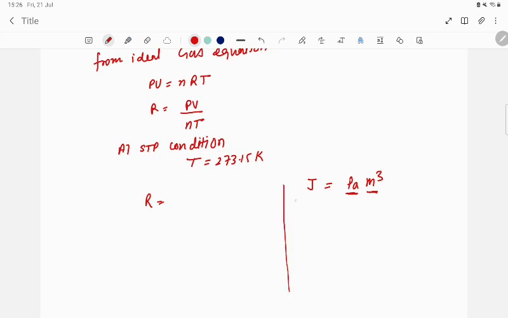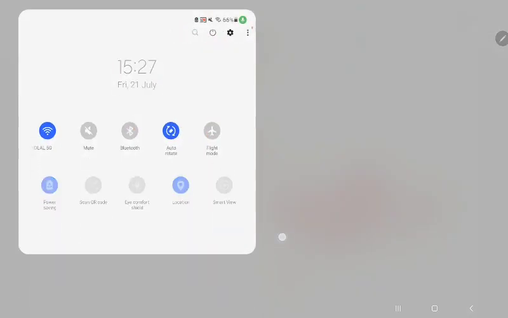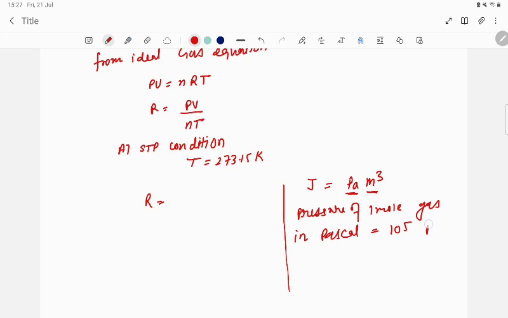What information has to be remembered? Pressure of 1 mole gas in Pascal is 10 power 5 Pascal. Simple.